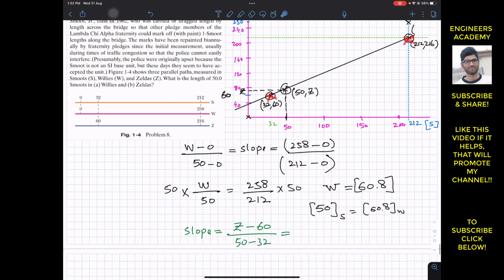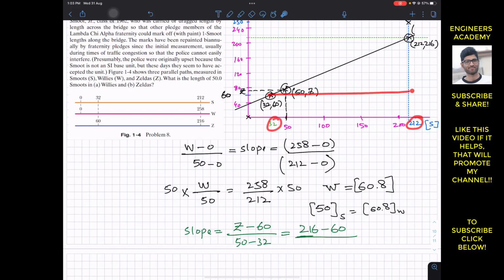Now the rise between this point and this point is 216 minus 60. If I draw a line like this, this is our triangle, and this is 216 minus 60, divided by the run. The run will be 212 minus 32.